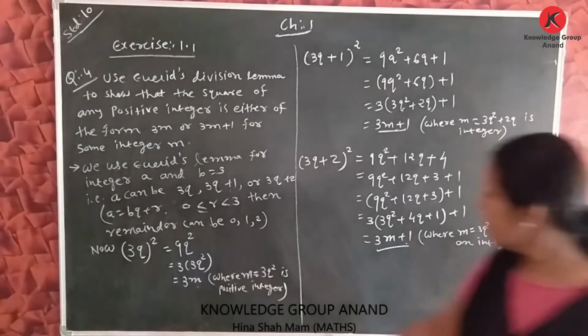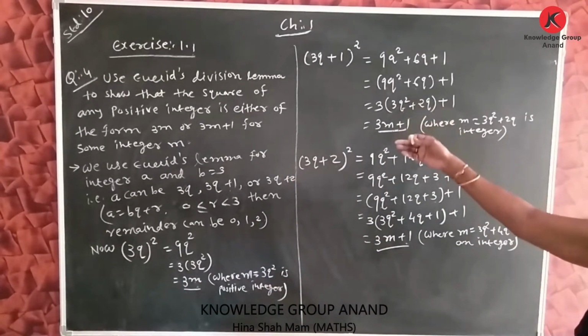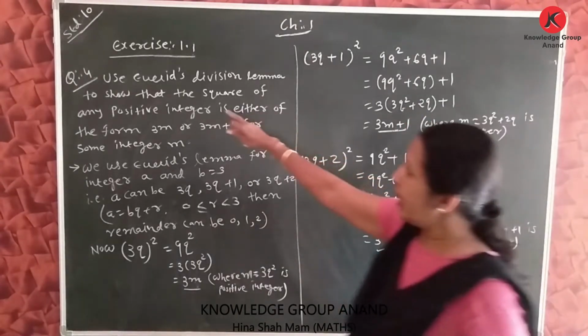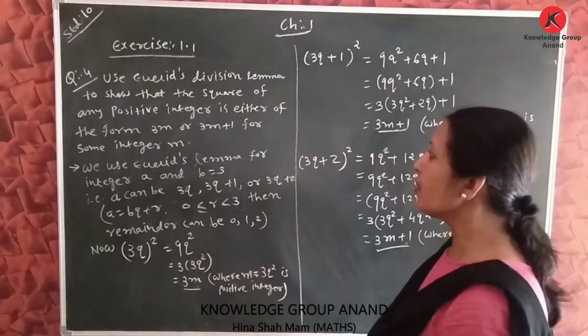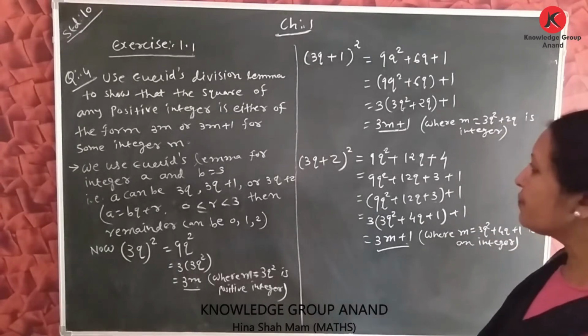Correct? Then the square of any positive integer is either of the form 3m or 3m plus 1.